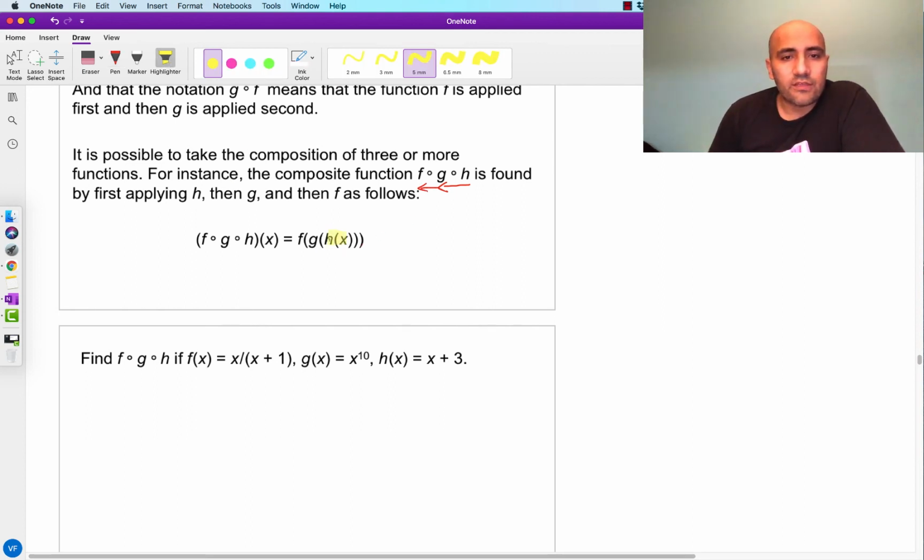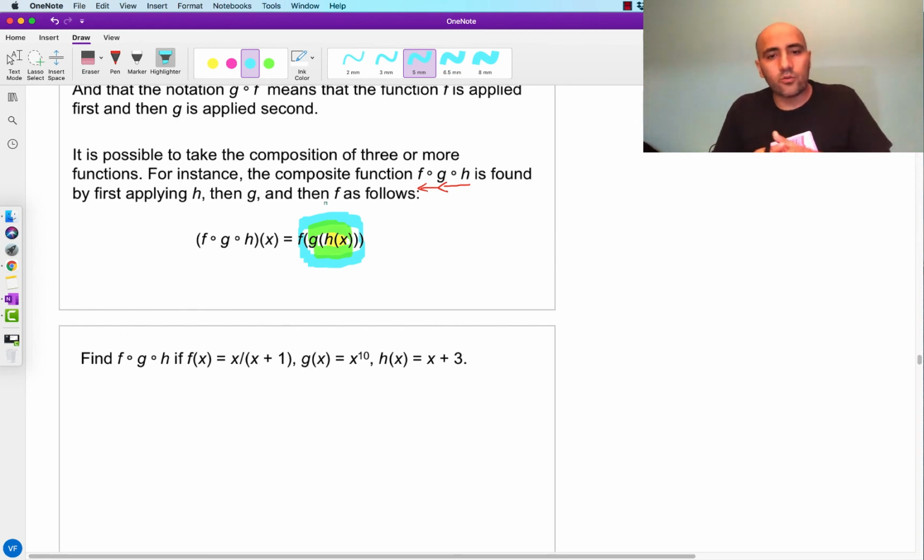So we start off with the h of x, that's sort of on the inside, and then that gets applied to this outer one, which is the g. And then once we finish with that, we apply it to this outer one, right? So it's like an onion where you start peeling it from the inside out. Start off with the h, and then plug that into the g, and then plug that into the f. So work your way from the inside out.